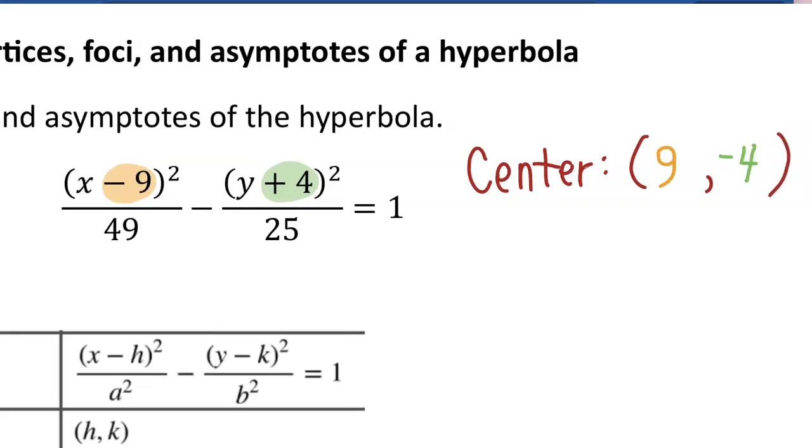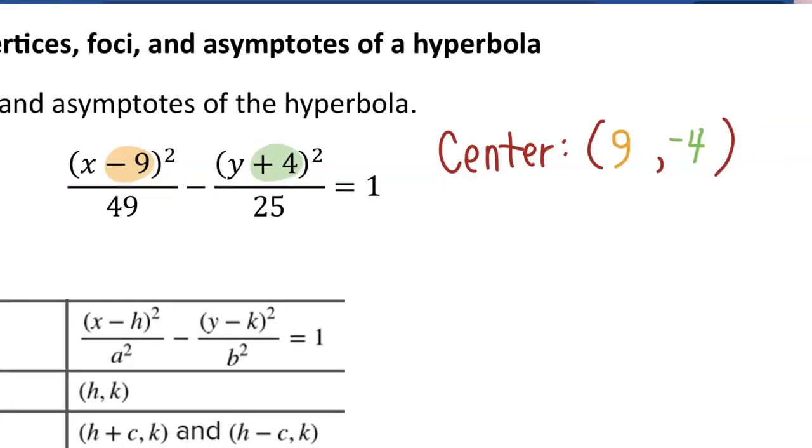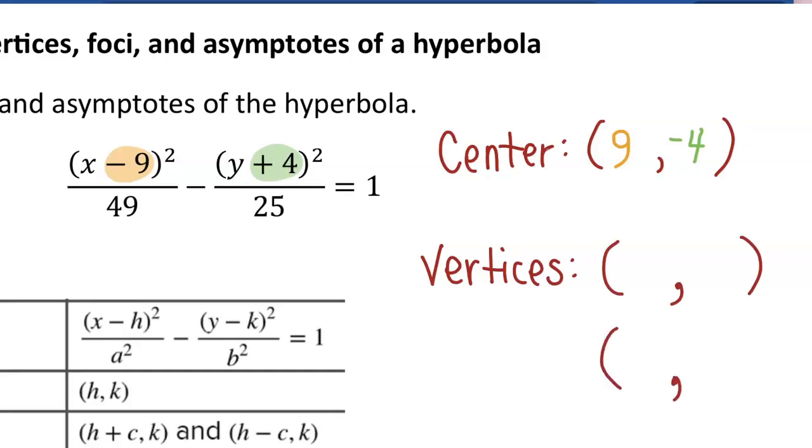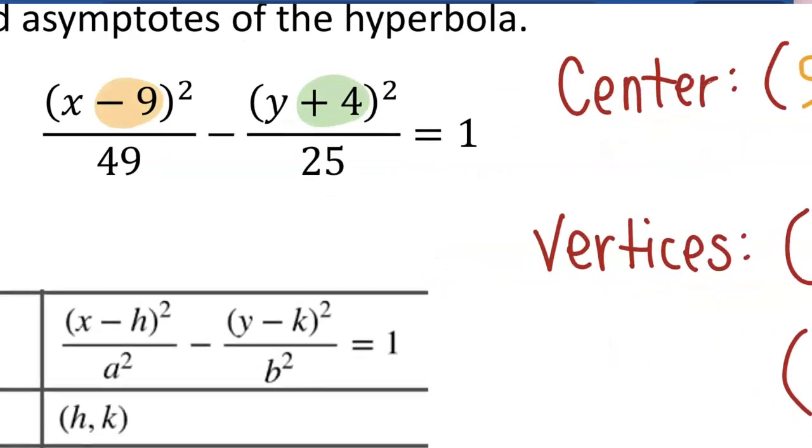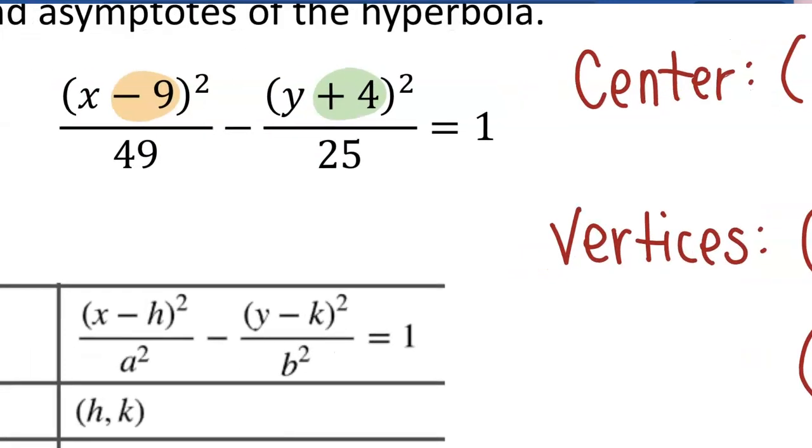Now let's find the vertices. We'll need to give them both of them. How many do we have to go up or right? What's the bigger number out of these two in the denominator? Which one's bigger, 49 or 25? 49 is bigger, right? So 49 will tell us how to get to the vertex from the center.